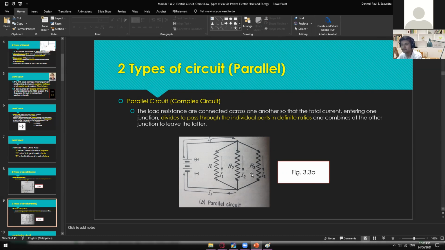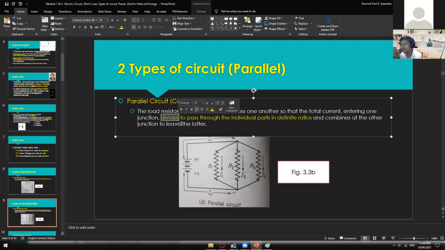Okay, so you don't need to memorize any circuit diagram just to identify that this one is a series, this one is a parallel. Just stick to the definition. If the current is being divided into two and above, then that's already a parallel connection or parallel circuit. Okay, so are we clear so far regarding the definition of series and parallel circuits?